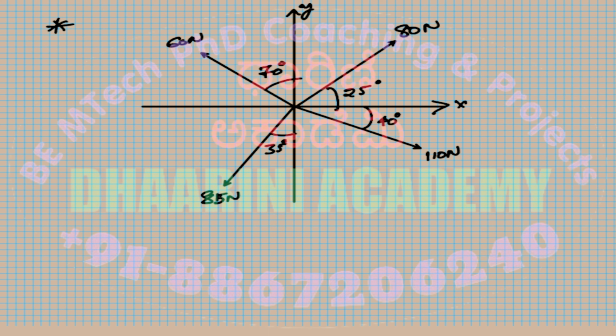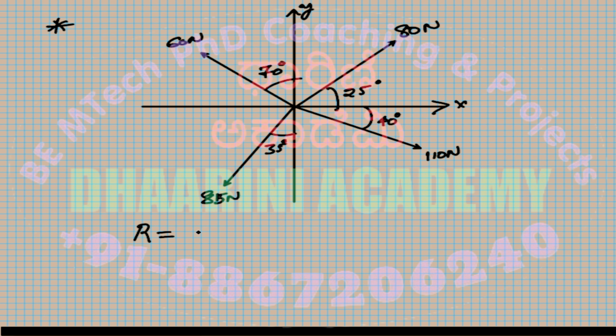So the answer, the magnitude of the resultant, that is R, equals Newton, and theta is equal to minus 54 degrees.